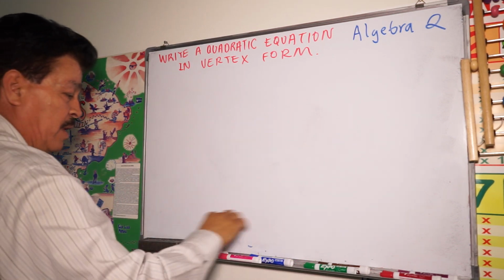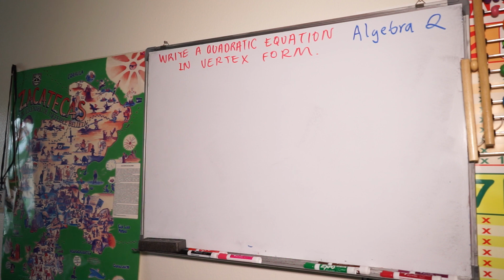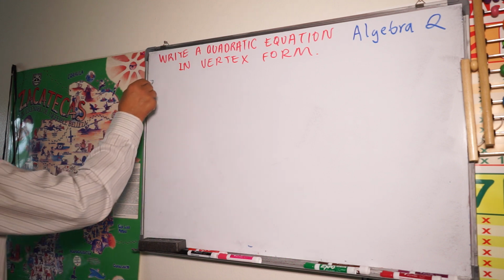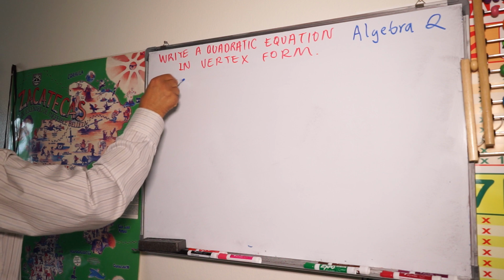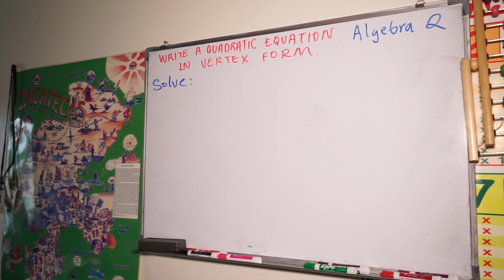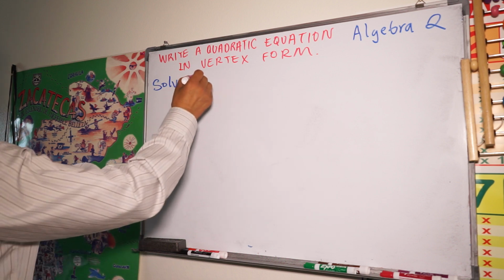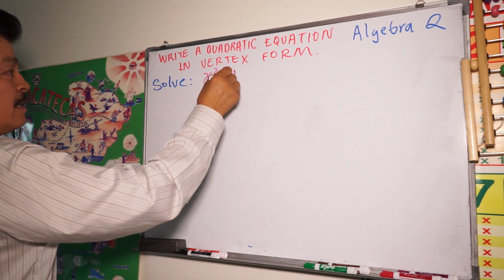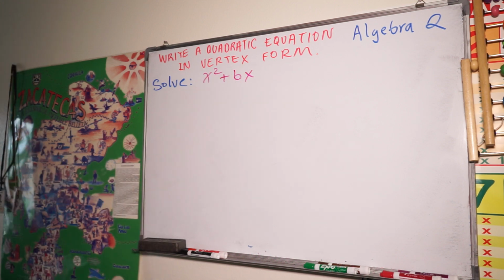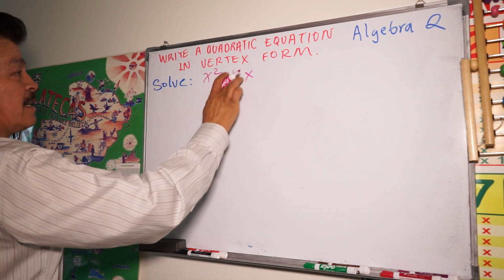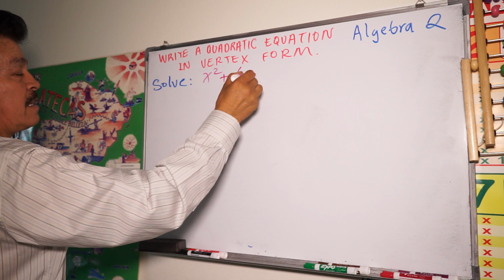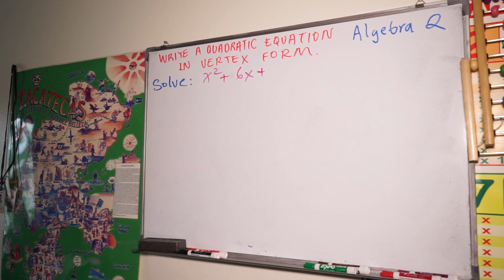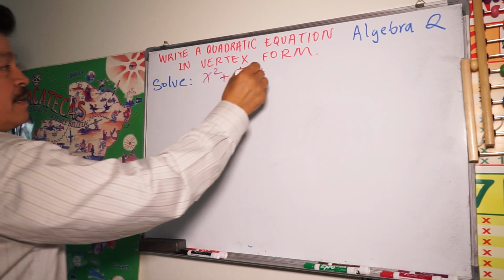So now we're going to solve one problem. Let's do x to the second power plus 6x plus 50.